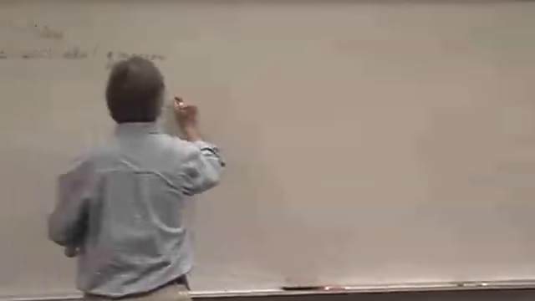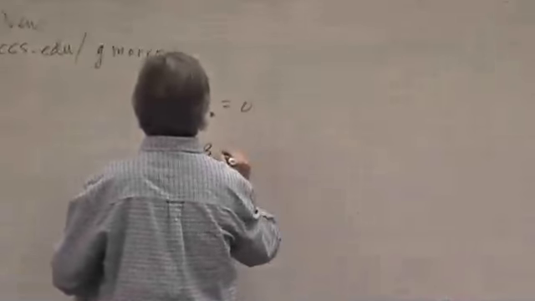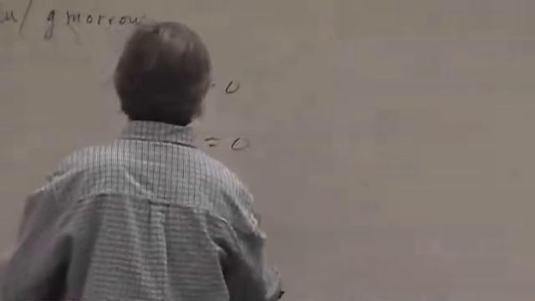You have a bunch of hypotheses here. H naught beta 0 equal to 0, H naught beta 1 equal to 0, and H naught beta 2 equal to 0.